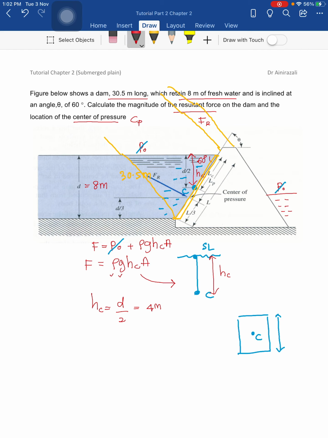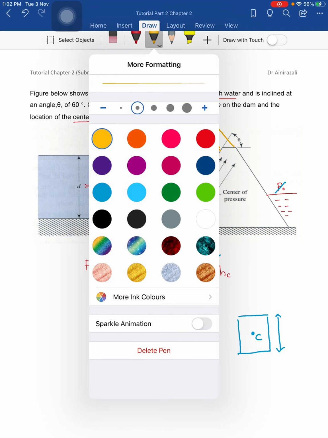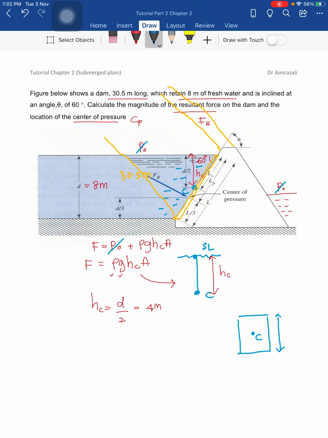If we draw the dam, here is your dam like that, 30.5 meter, and this is your x value. You don't have the value for x.